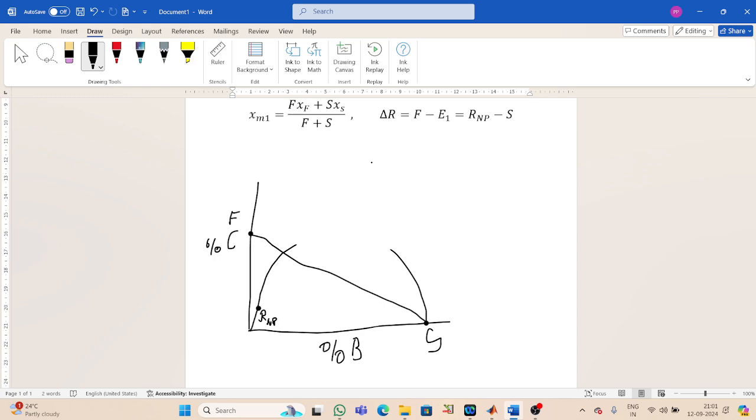Using this expression, all this data will be given in the question, that is F, S and xF. Therefore, we will plot that.